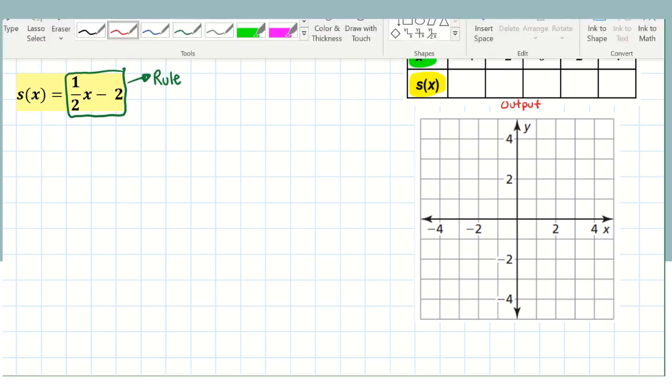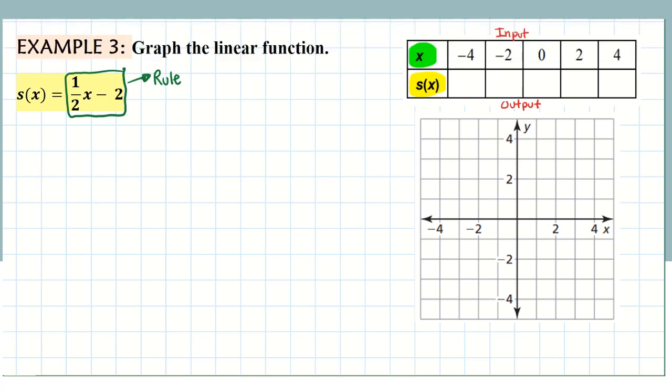So what we're doing is what we did in the other video, where we were evaluating a function at different input values. So I'm going to set it up the same way. I'm going to have a space where I'm going to work out each of our calculations for each of the input values.